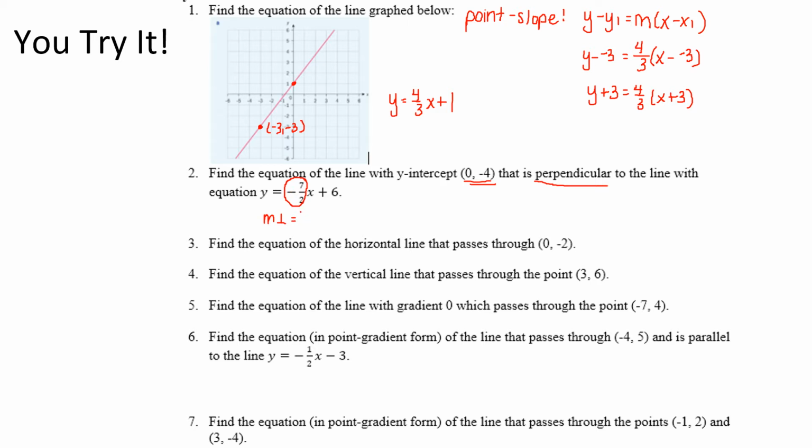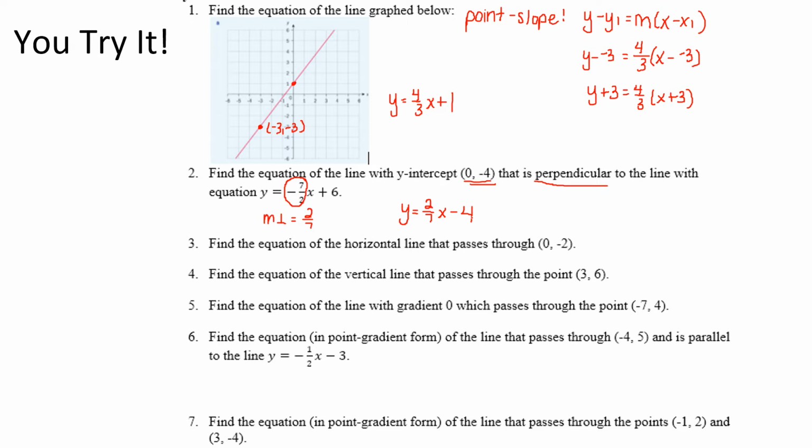Since this one was negative, I make this one positive, and then I flip the slope. So 2/7. Now I know my slope, and I know my y-intercept. So this one would be nice in slope-intercept form: y = 2/7 x - 4.